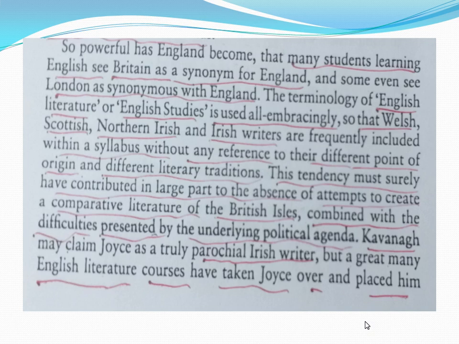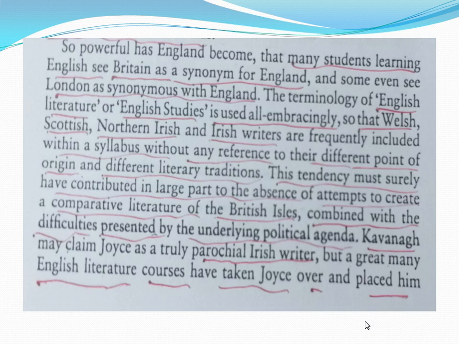The terminology of English literature and English studies is used all-embracing, so that Welsh, Scottish, Northern Irish and Irish writers are frequently included within a syllabus without any reference to their different point of origin and different literary tradition.